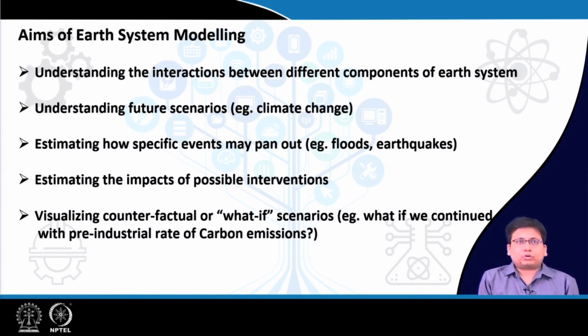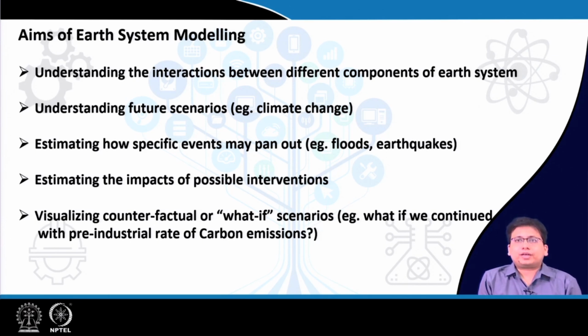And that is of course very far into the future, but what about a specific event, how a particular event may pan out? Let's say for example a flood or a cyclone or an earthquake. Suppose a cyclone originates at a particular location in the Bay of Bengal.